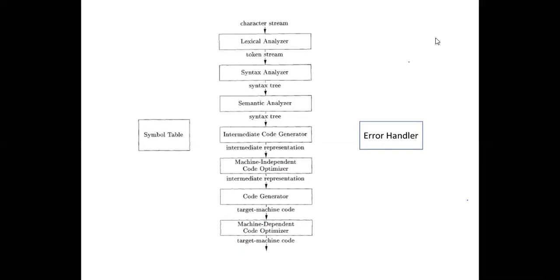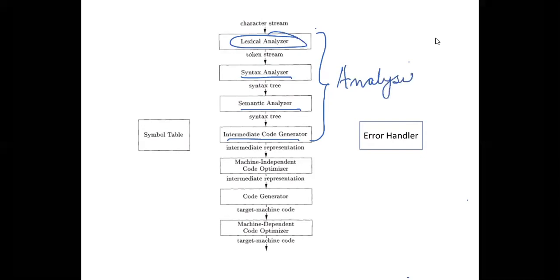So the first phase is called the lexical analysis phase. Then you have the syntax analyzer. Then you have the semantic analyzer. Then the intermediate code generator. So the first four phases of compilation fall under your analysis phase.